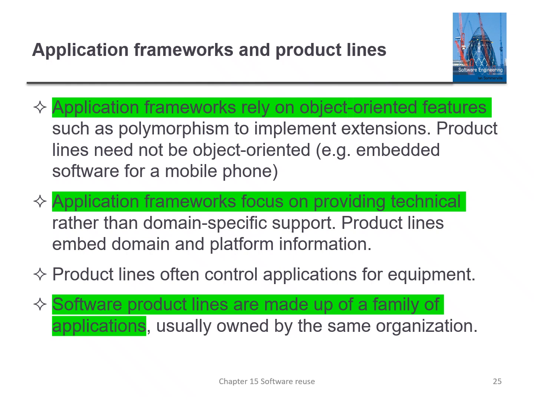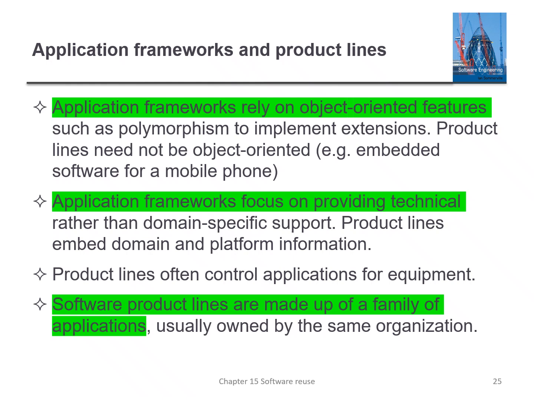Okay, I could say application framework is more tailor-made to object-oriented and very specific for certain functions, whereas product line is an embedded domain and platform information.